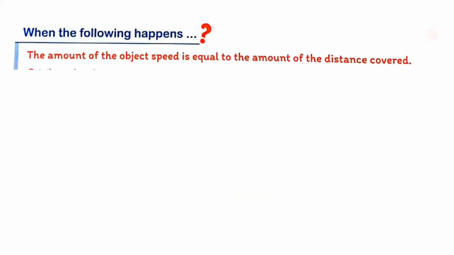Here they are asking when the following happens: when the amount of the object's speed equals the amount of the distance covered. Let's see if you can think about it. When can I say that the speed equals the distance?